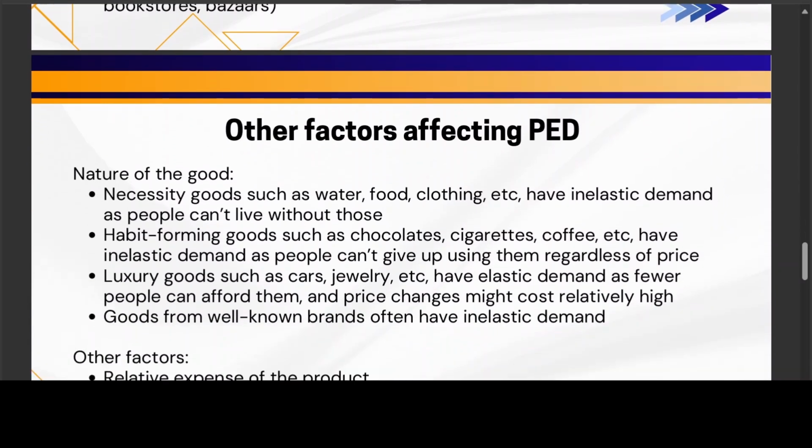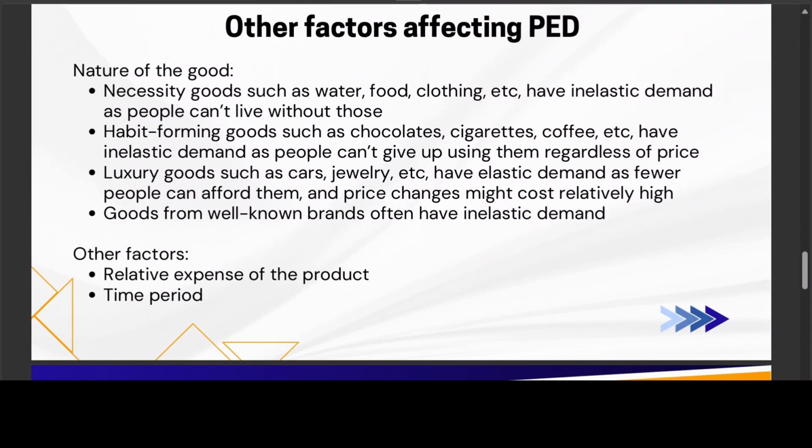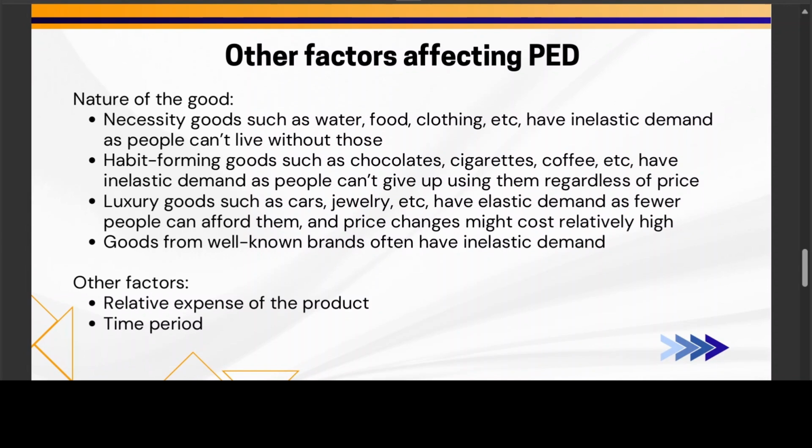And we also have some other factors that can affect PED, and they are also very important in determining those types of PED. So we have the nature of the good itself. Let's say the good you're buying is a necessity, that you cannot live without.